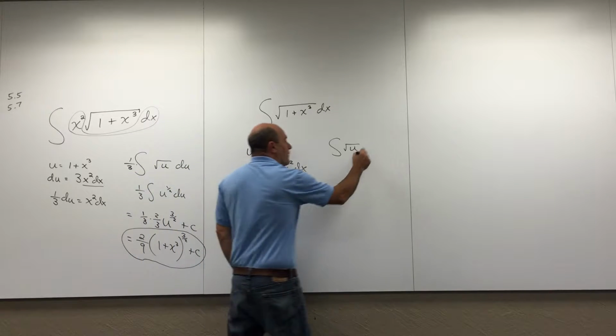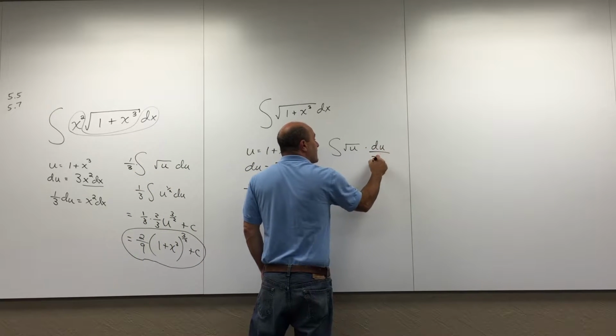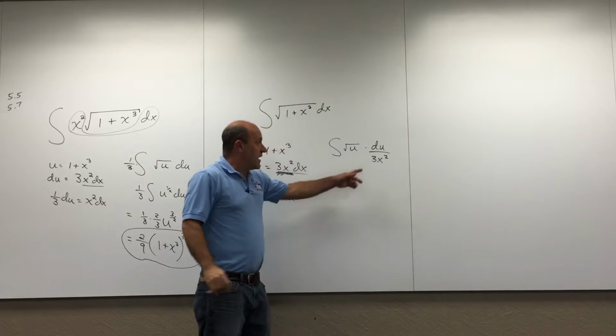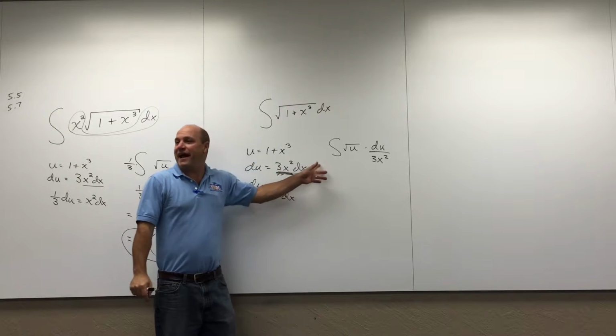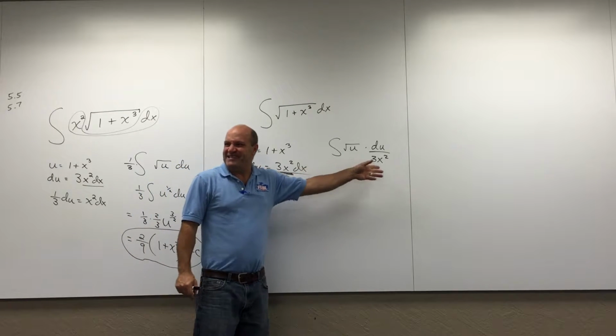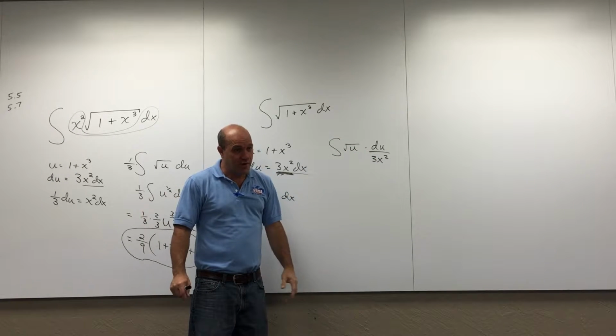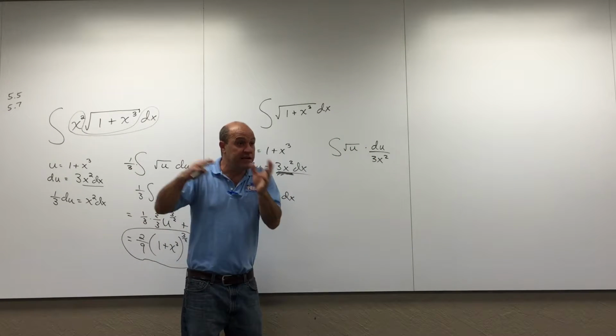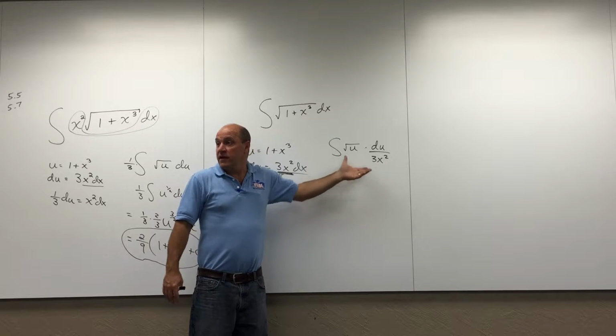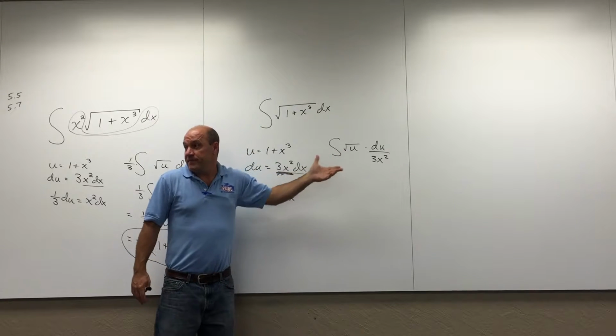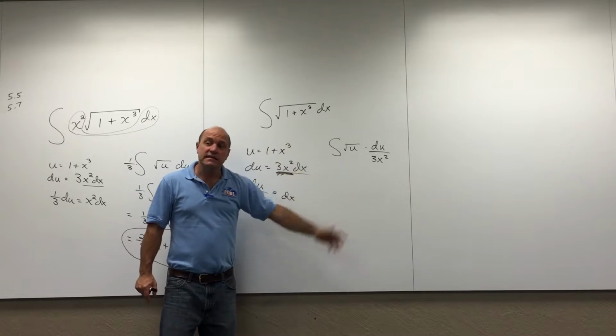Okay, all right, watch this. This is du over 3x squared. I'm not worried about the 3, I can pull it out like a constant, but I've got this x squared in here mixed with my u's. That's not good. You were trying to change the variable from x's into u's, and you really kind of can't.